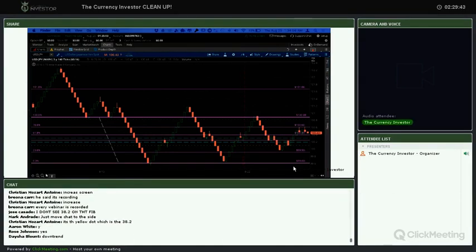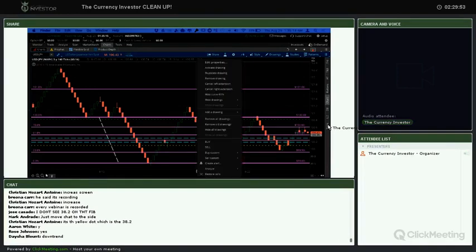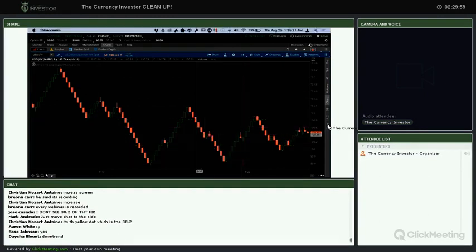What's one thing, if I remove these fibs? Let me hide that. So if I'm looking at this, what am I seeing? What stands out to you guys?